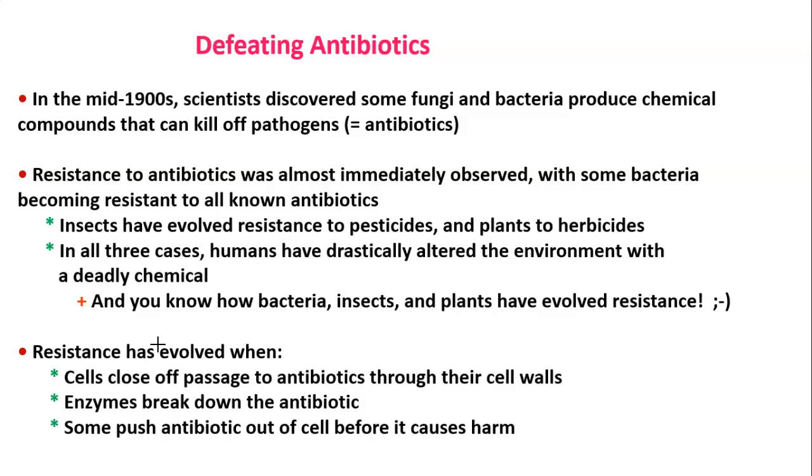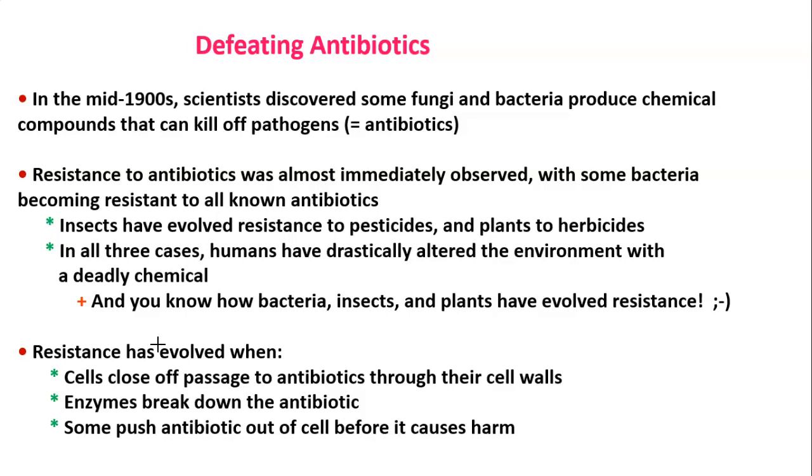Pretty mind-blowing and scary. In comparison, insects have evolved resistance to pesticides, and plants have evolved resistance to herbicides. So, standing back and looking at these three examples: bacteria have evolved resistance to antibiotics, insects to pesticides, plants to herbicides. In all three cases, humans have drastically altered the environment with some kind of deadly chemical.